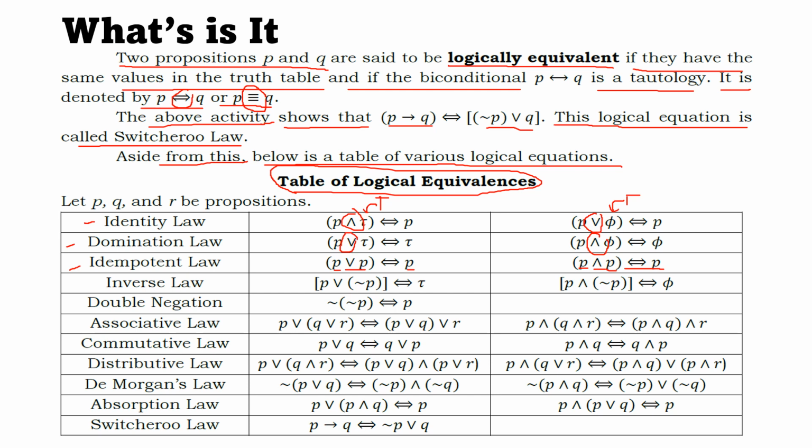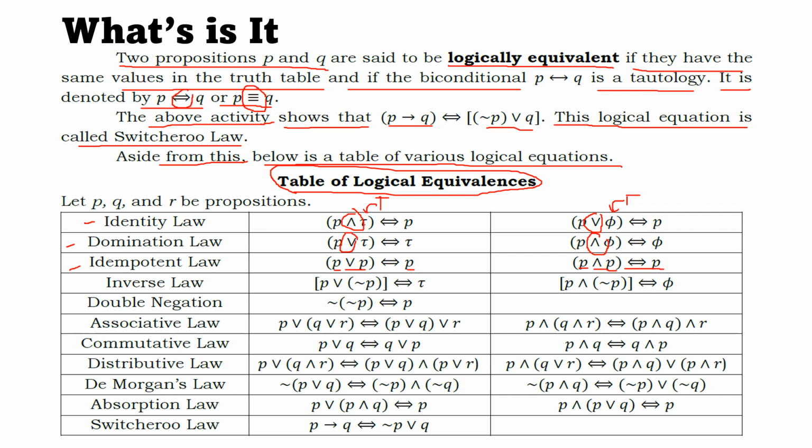Now, this statement is a false statement when x is 2, because 2 squared is equal to 4. If we substitute 2 to x, that will be equal to 2 only. That's why 4 is not equal to 2.